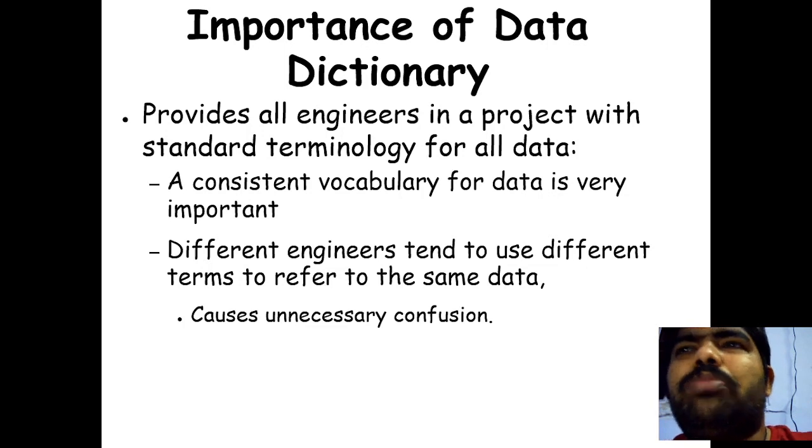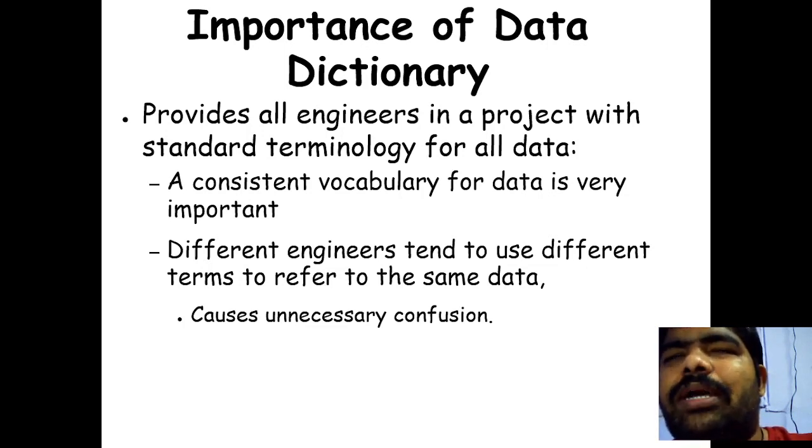Now what is the importance of the data dictionary? As the name itself indicates, it is the place where we are storing our data, like a variable or a composite data type or a database. Simply, it is used to store the data.